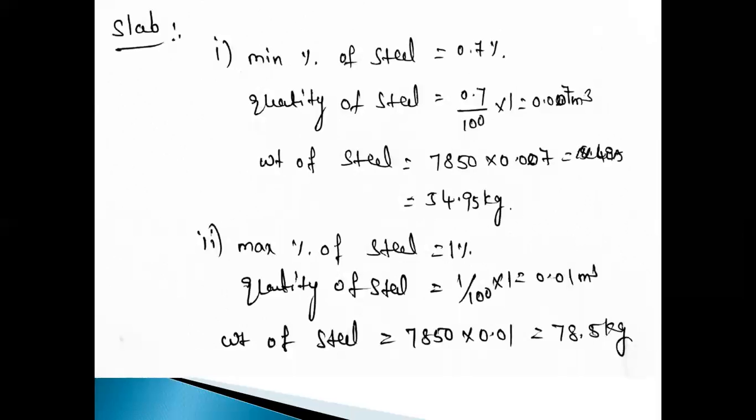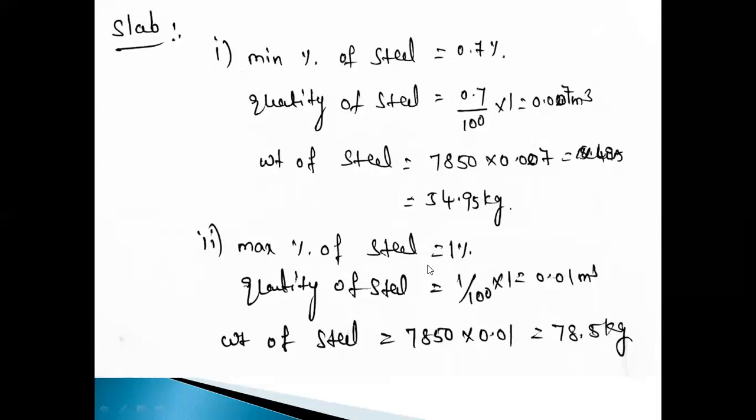Next, slab. Minimum percentage of steel is equal to 0.7% and maximum percentage of steel is equal to 1%. Quantity of steel equal to 0.7 divided by 100 into 1, that is equal to 0.007 cubic meters, and weight of the steel equal to 7,850 into 0.007, that is equal to 54.95 kgs.